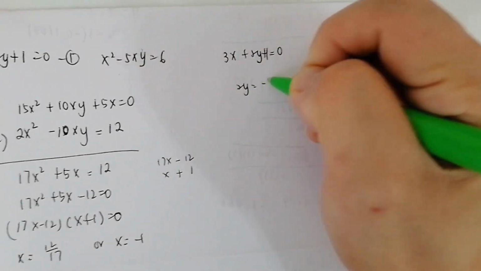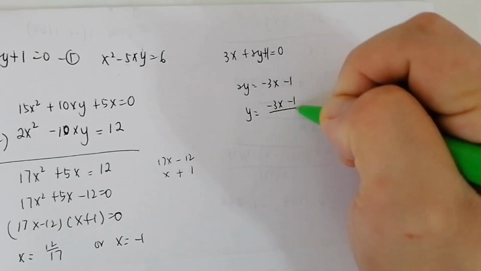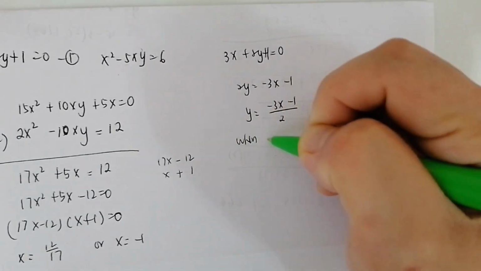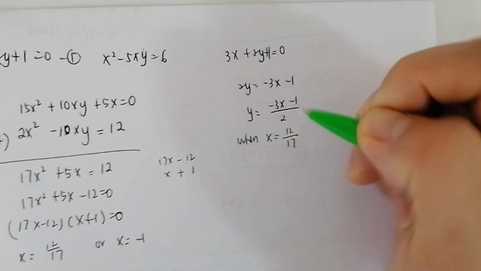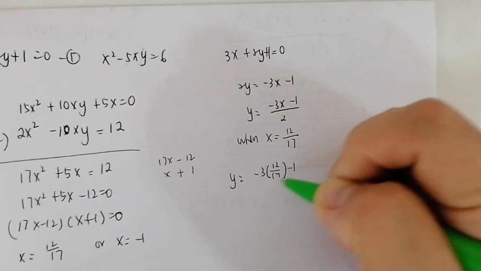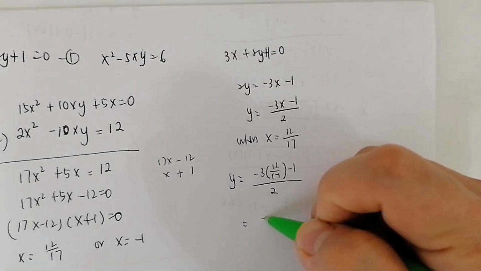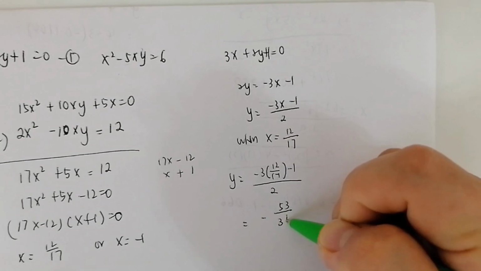So 2y equal to -3x minus 1, y will be -3x minus 1 over 2. Okay, when your x is 12 over 17, your y will be -3 times 12 over 17 minus 1 over 2. So you just click your calculator and you are going to get -53 over 34.